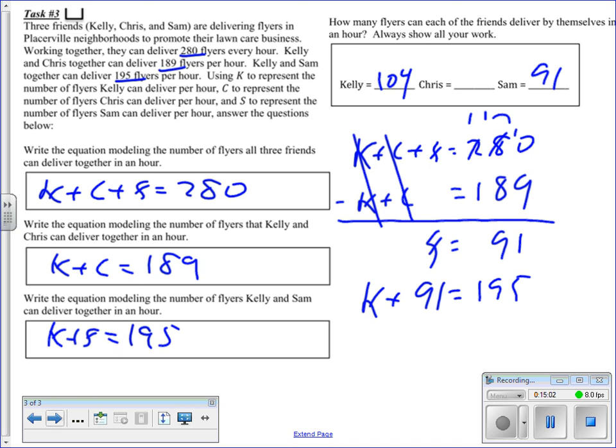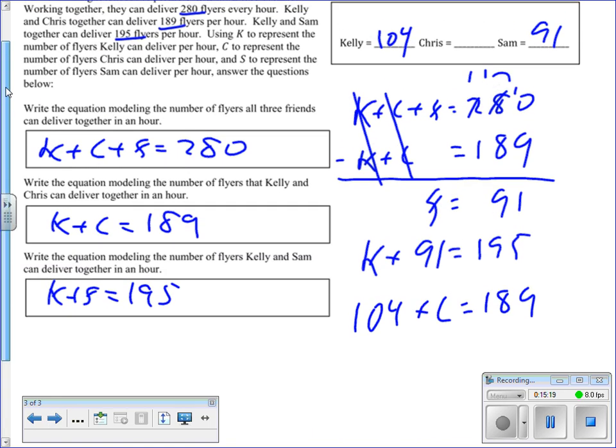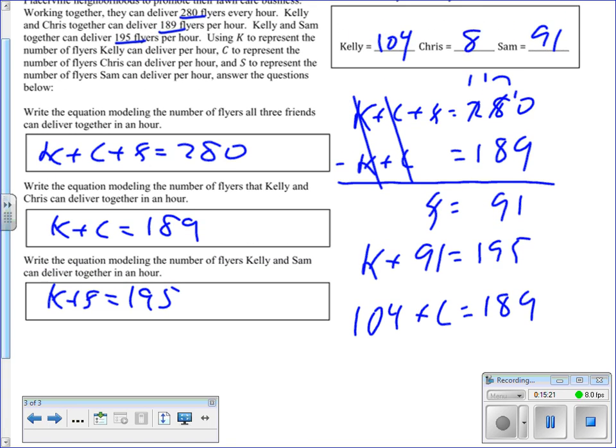And then go back up to this one. Kelly, which we figured out can do 104, plus Chris can do 189. Subtract 104 from both sides, and you get 85. So Chris can do 85. There you go. Piece of cake.